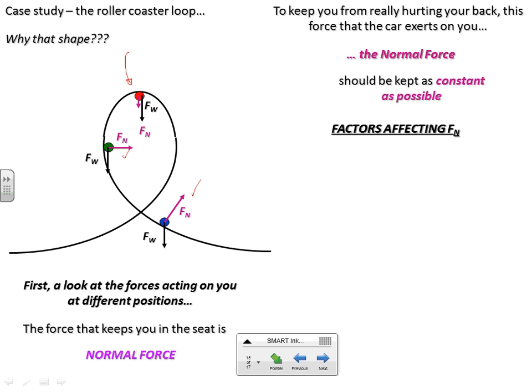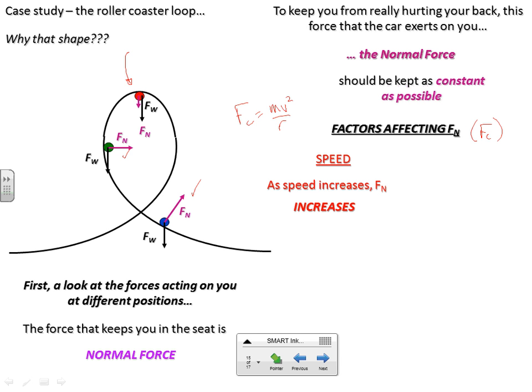First of all, what affects how big the normal force is? Well, two things. The speed, right? We're really saying what affects centripetal force. Well, the faster you go, the more normal force there is. Really, centripetal force.